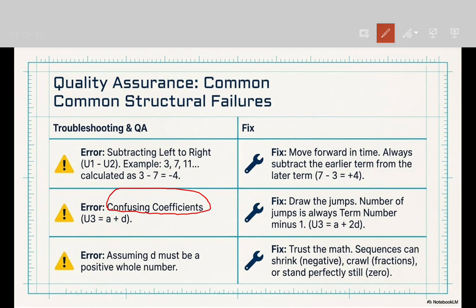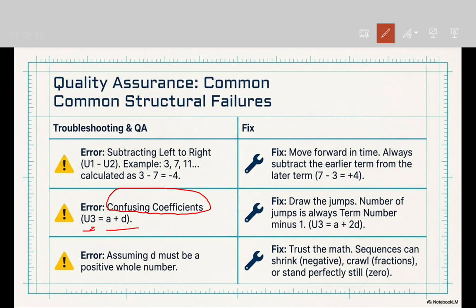Now, look here. What is wrong with the expression for the third term? This is wrong. Normally, we students tend to forget the coefficients.